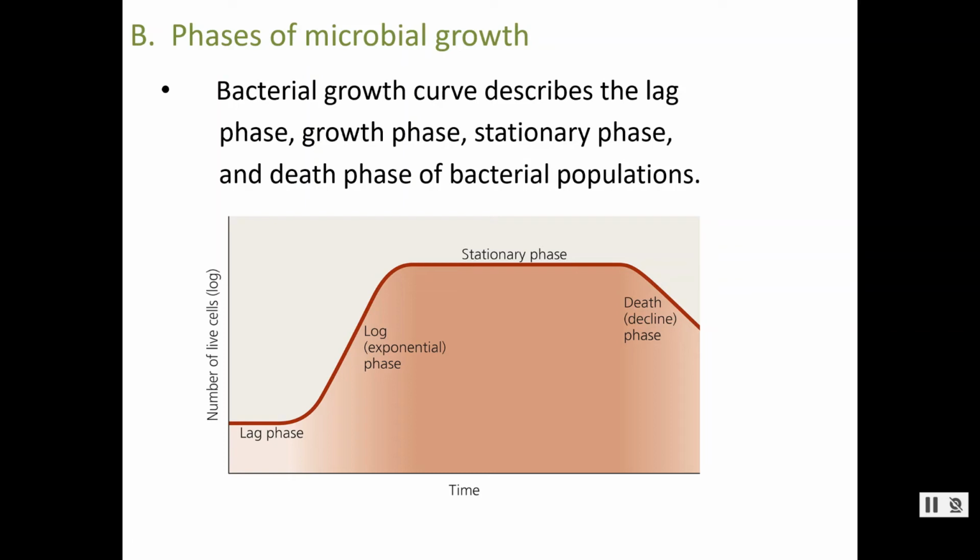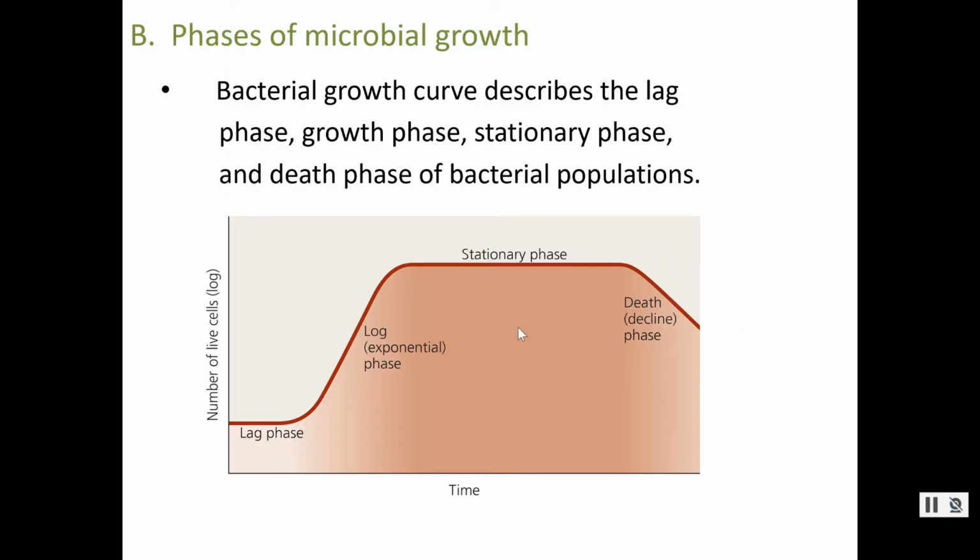So I have two cells. One is getting the nutrient. It is able to replicate and becomes two cells. This one lost, didn't get the nutrient, ends up dying, and my net result is still two cells. That's the stationary phase, and you see that level off. So the population is stationary. The death rate equals the replication rate in that phase.